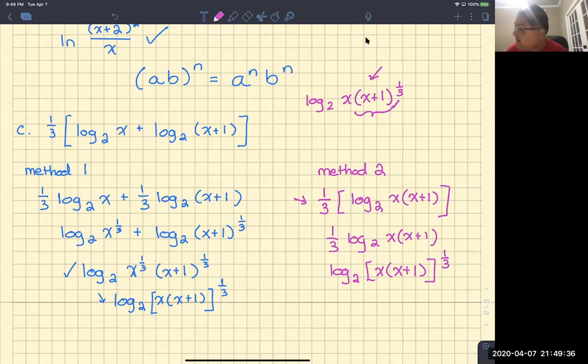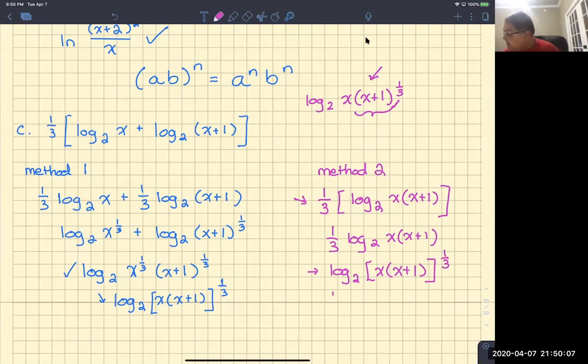And that's the reason why I did a bracket around x and x plus 1, to indicate that 1/3 is the exponent for x and 1/3 is the exponent for x plus 1. Now remember, you've seen this in the first step. This is the step right here, okay? And remember what the power of a product says, that if I have multiple things being multiplied together raised to the same exponent, I can distribute that exponent to everything being multiplied.